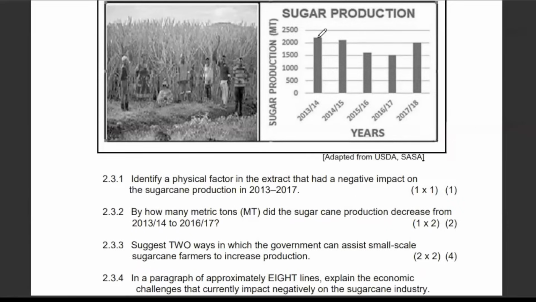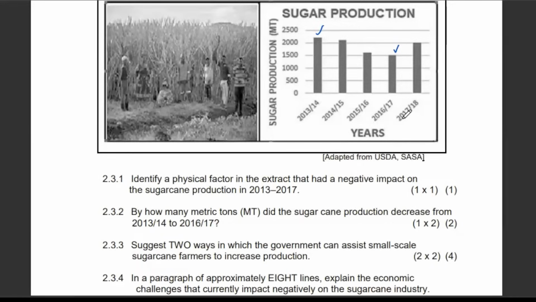And going to 2016-17 is somewhere here, which is around 1,500. There is above 2,250. So as an estimation, we want the difference between the production here and the production at this particular point.